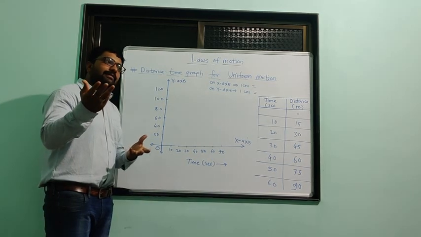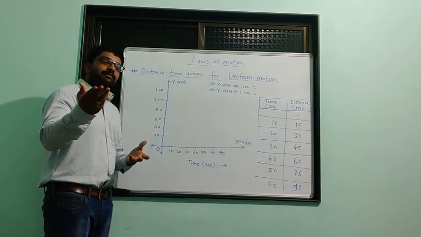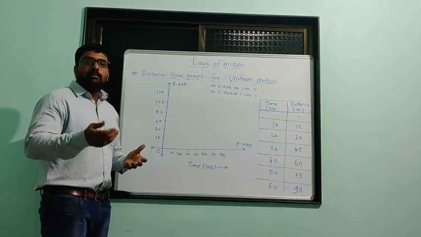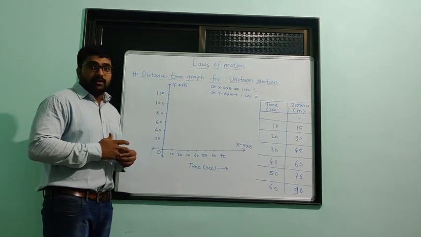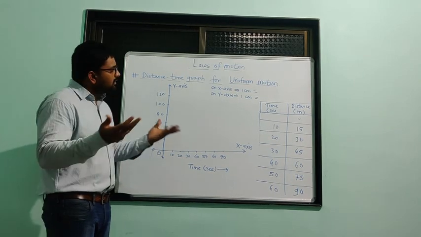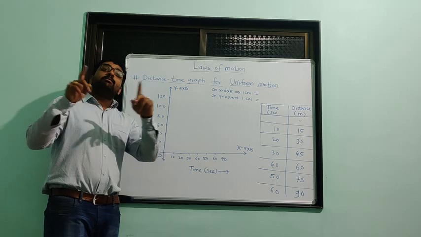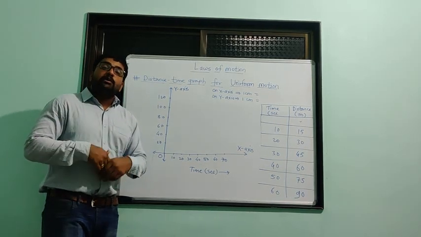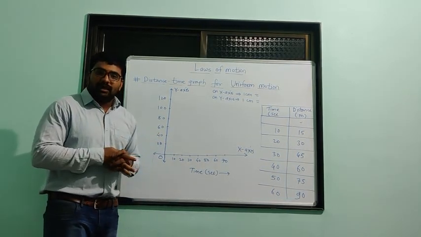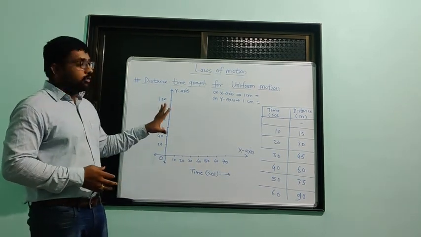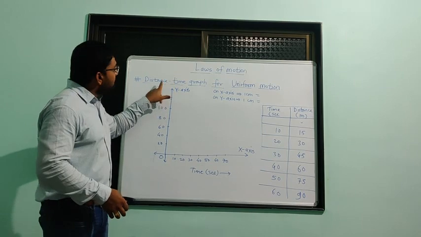I think you already studied graphs in mathematics for the representation of histograms and pie charts. So graph means what? Whatever data we have, we make a picture of it. Pictorial representation of data is simply called a graph, and that graph we have to draw now. What graph? Distance time graph.